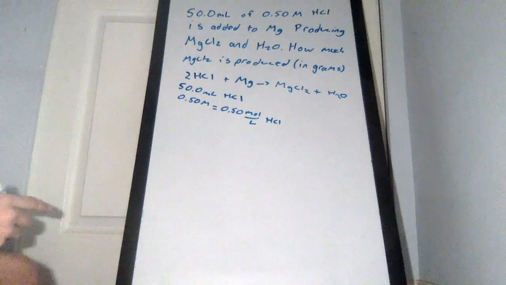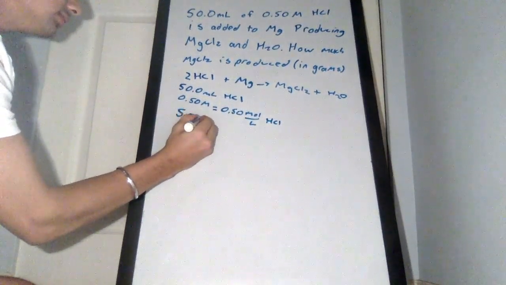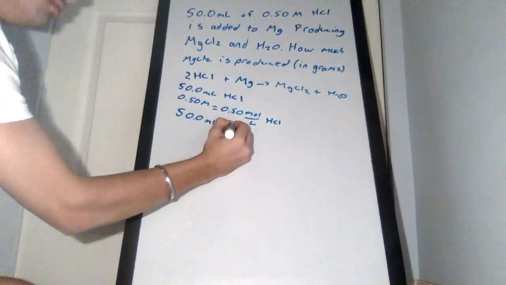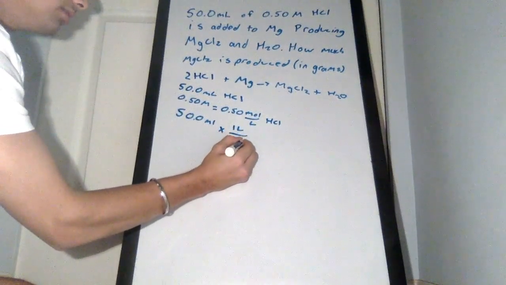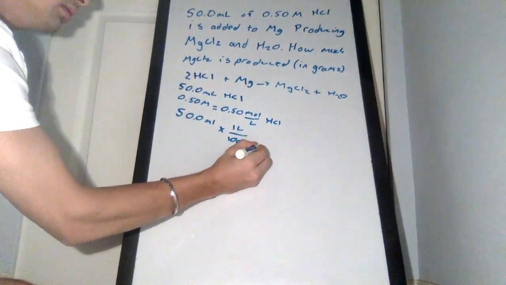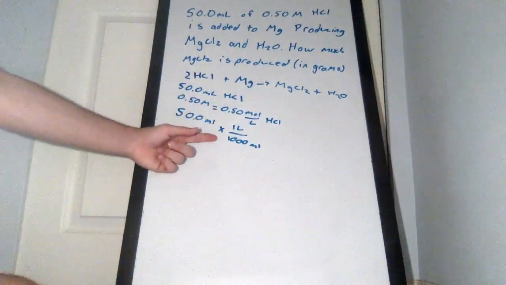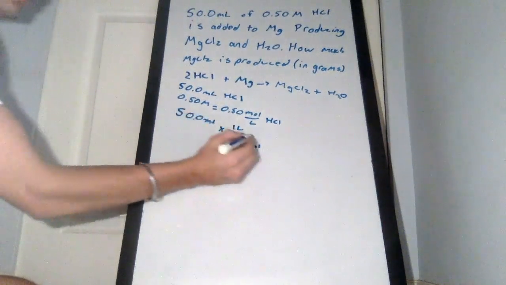So to do that, we do 50 mils times 1 liter over 1,000 milliliters. Now this is because in 1 liter, there are 1,000 milliliters. So now the units cancel out.